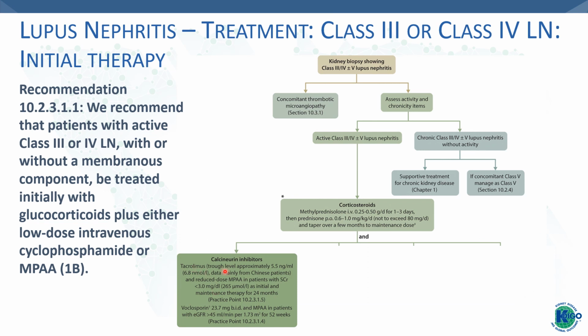We can give a calcineurin inhibitor in the form of tacrolimus and reduced dose mycophenolic acid for 24 months, or we can give voclosporin and mycophenolic acid in patients with GFR more than 45 for 52 weeks.